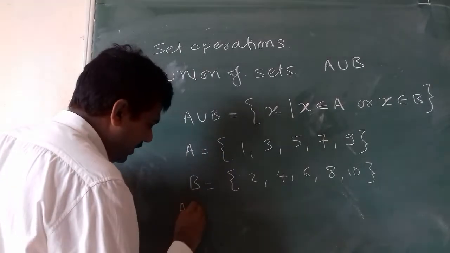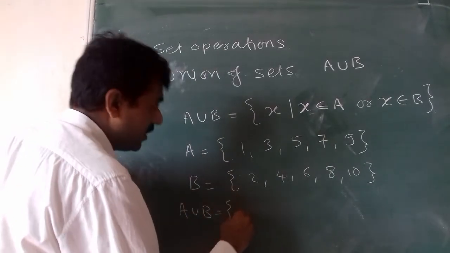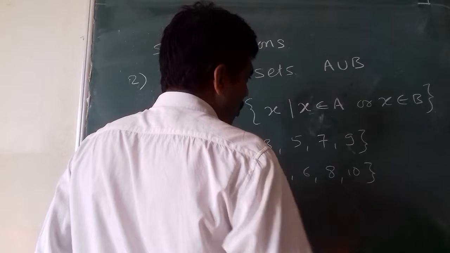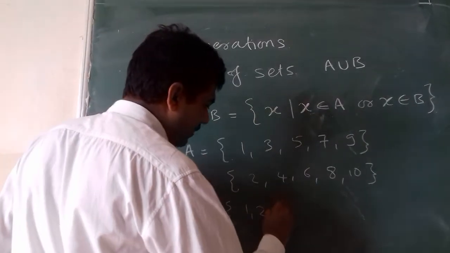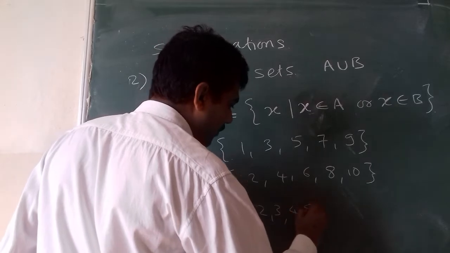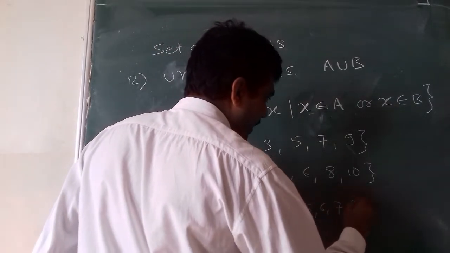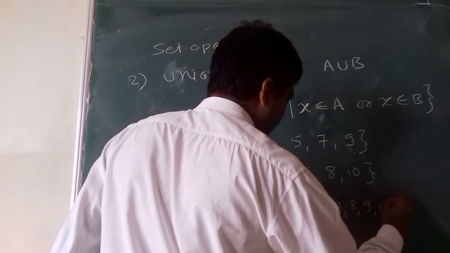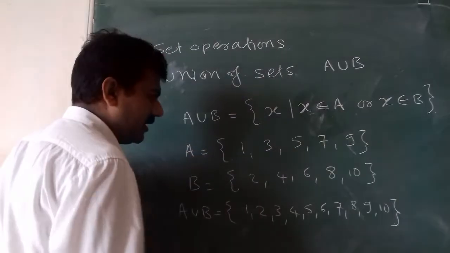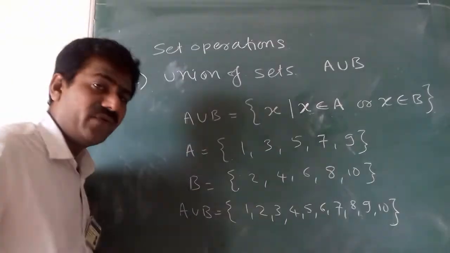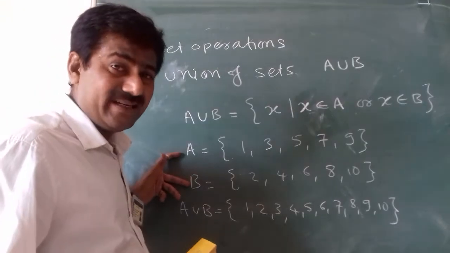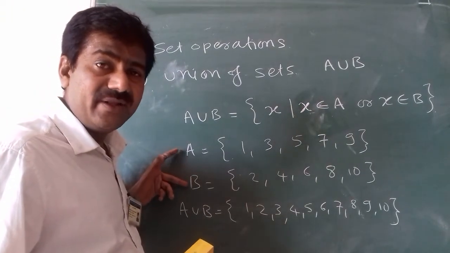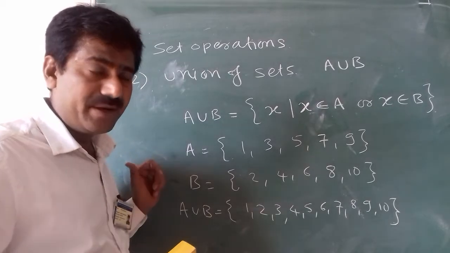So A union B becomes the elements which belong to either A or B or both. So it will contain the elements 1, 2, 3, 4, 5, 6, 7, 8, 9 and 10. So total elements are 10, this 5 plus this 5, because both the sets are disjoint. There is no common element between A and B.